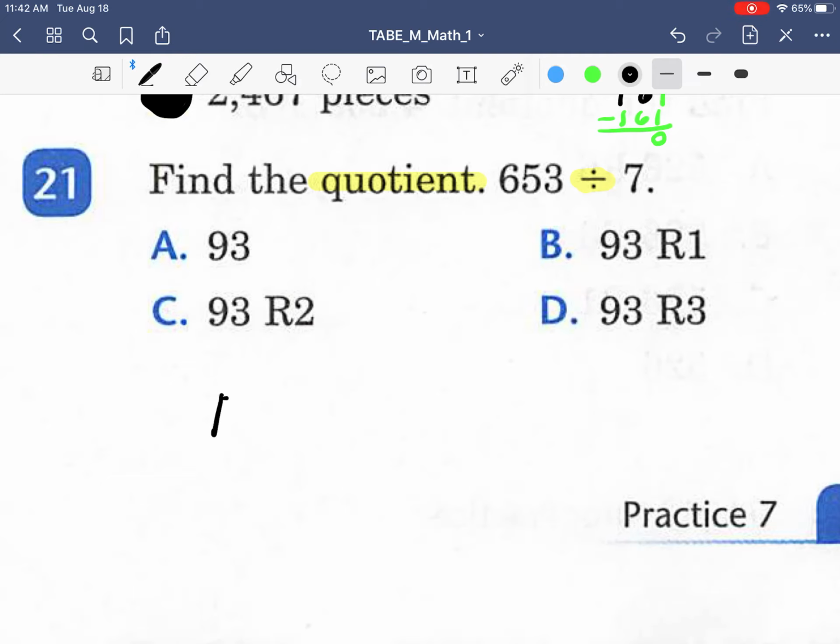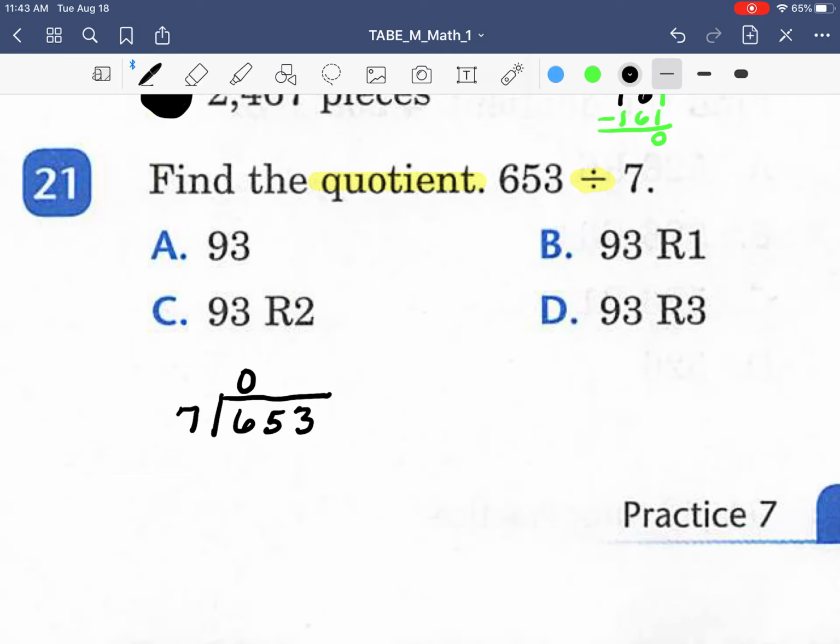So we are going to say 653 divided by 7. I'm going to use my fingers this time. Each finger is worth 7. 7 into 6 cannot go. 7 into 65.